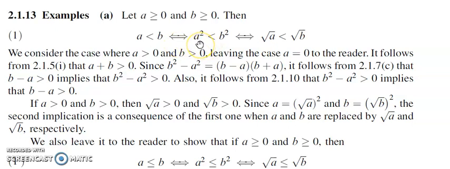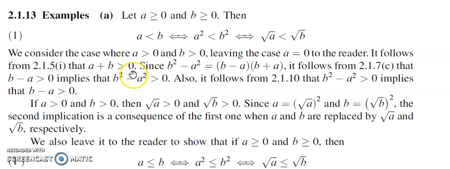Now conversely, we have to prove that A square less than B square implies A less than B. A square less than B square implies B square minus A square is greater than 0. That is, B square minus A square is an element of P. Then B square minus A square divided by B plus A is B minus A. We have already assumed that A plus B, or B plus A, is greater than 0.